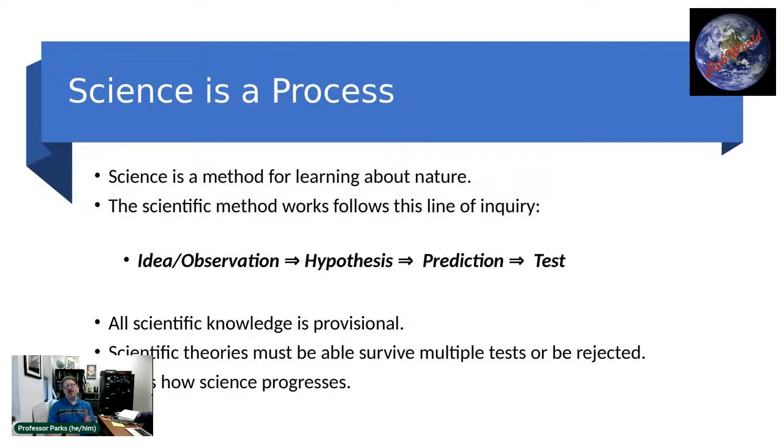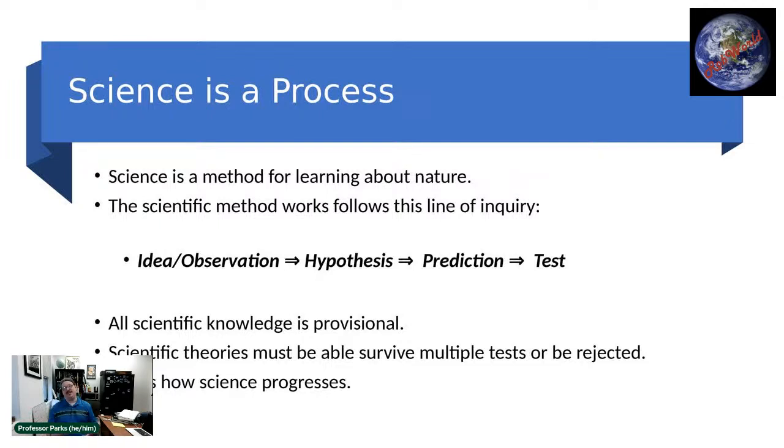The first thing you want to do with the scientific method is ask a question. For example, why does the sun rise in the east and set in the west? First you have to experience a phenomenon, such as seeing the sun every day rising in the east and setting in the west.